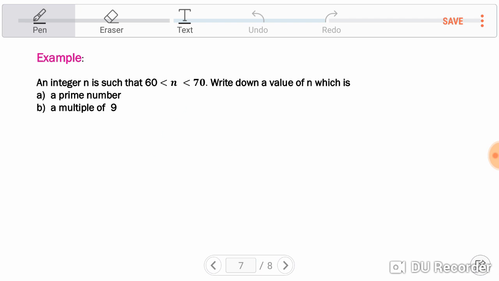Write down a value of n which is a prime number. طيب هنا عندي ال n هتكون equal 61, and 61 هنا is a prime number because it has 2 factors. Also 67.